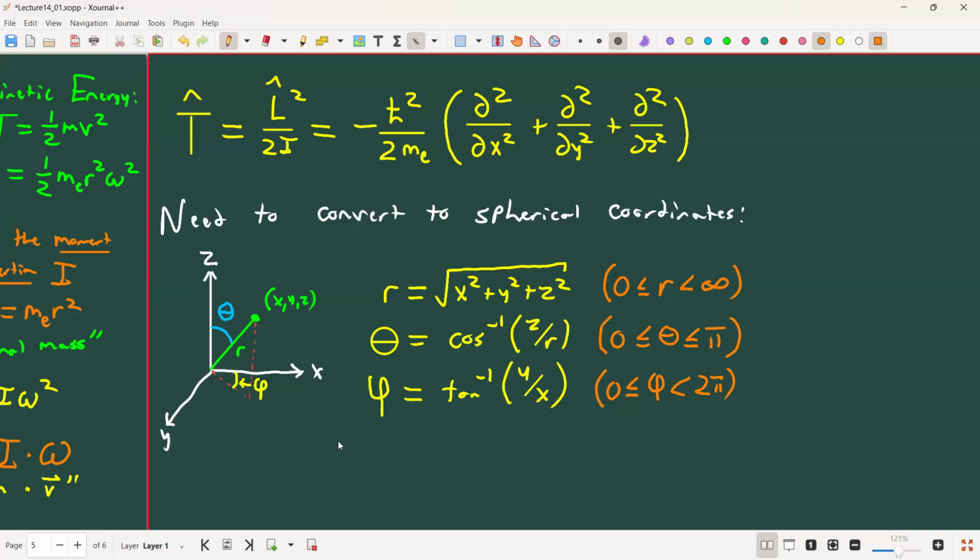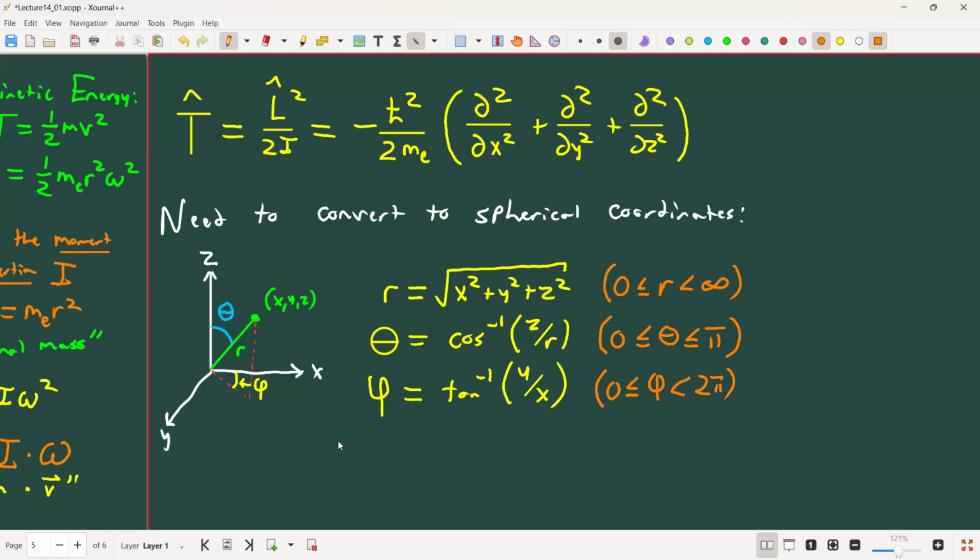If that's the case, then we can separate our kinetic energy into an angular part, which only depends on theta and phi, and a part that depends on r. Once we're able to do that, that's going to help us a lot, because then we solve two problems, one on our infinite coordinate, and one on these angular coordinates that are much easier to do. So that's our goal, to convert this into spherical coordinates.